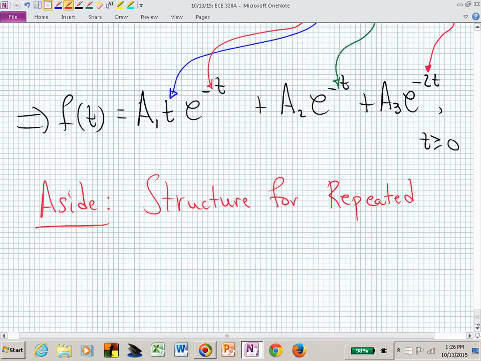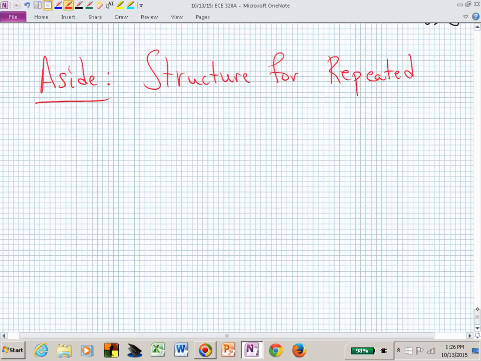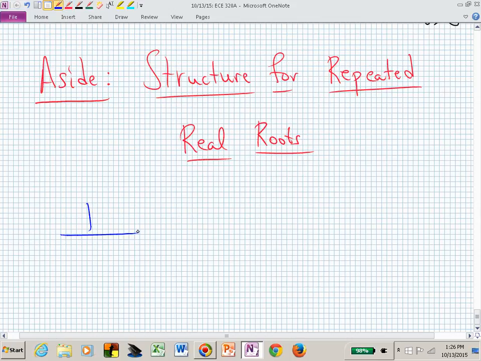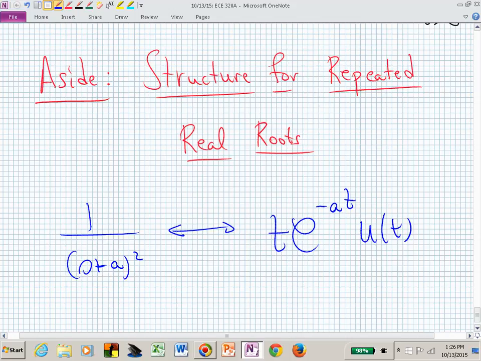Or now let's just go aside. I guess this is sort of answering the question that was asked. A structure for repeated real roots. What's the generic structure? We just found that we had, let's say, 1 over s plus a quantity squared. What did that do in the time domain? It was just t, wasn't it?